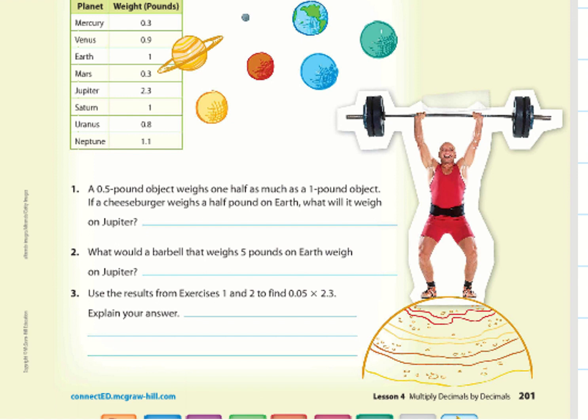Number 1, a 5/10 pound object weighs 1/2 as much as a 1 pound object. If a cheeseburger weighs a 1/2 pound on Earth, what will it weigh on Jupiter? That was a little wordy. Pretty much what the question is asking is, if it weighs 2 3/10 on Jupiter and it's a half, we're going to multiply that by 5/10.